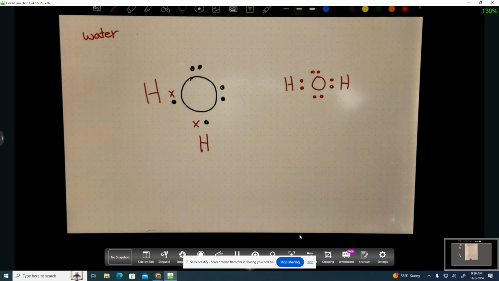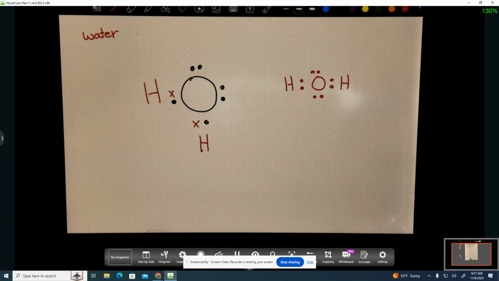here's a water molecule. Can you see it from the back there? Okay, that's a water molecule. The water molecule, when I'm looking at it right here, looks like this. This water molecule, you're looking at it like this. See the difference?